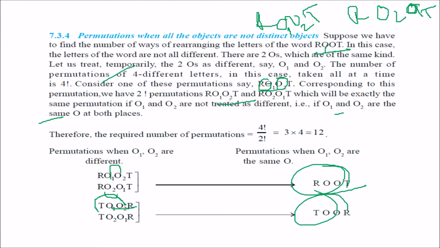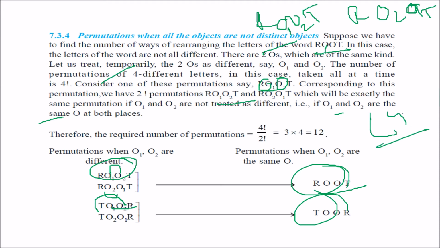So what we have to do here is, because there are 2 o's of the same kind, if we treat them as different, the number of possibilities for these 4 characters is factorial 4.